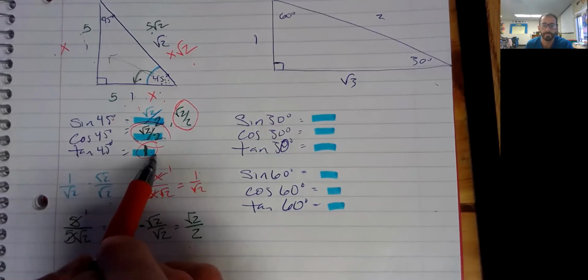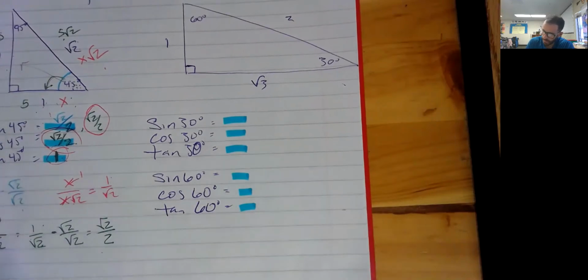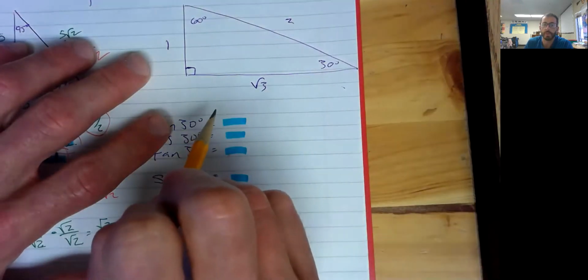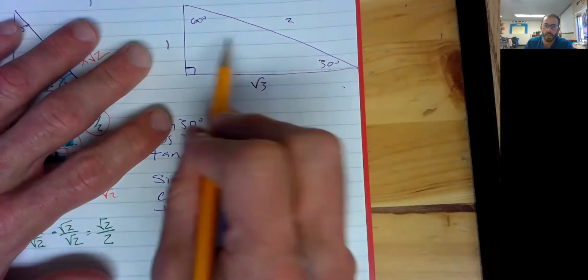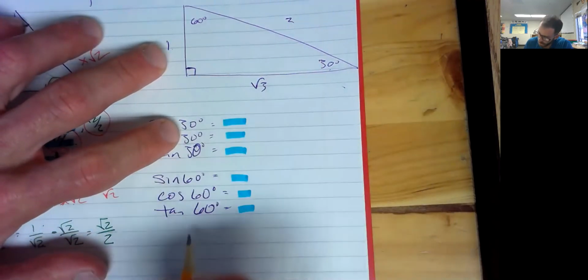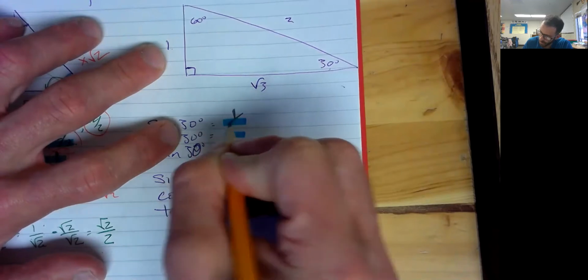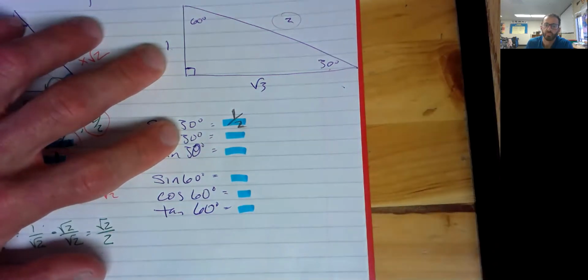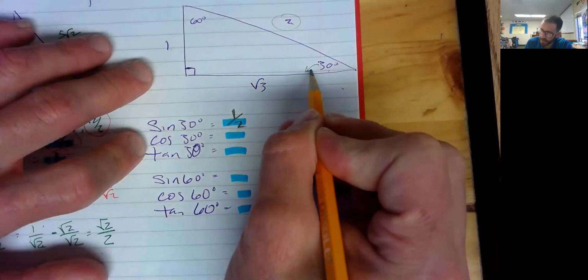All right. Next up, what about 30 degrees? So let's go with what the book said. For 30 degrees, what's the opposite? We're looking across. It's going to be 1 over, what's the hypotenuse? 2. What about the cosine of 30 degrees? What's the adjacent?